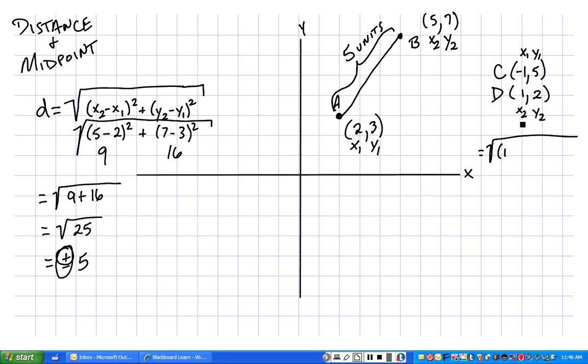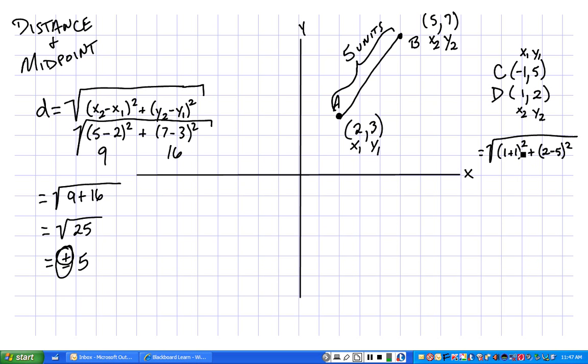X2 minus X1. Well, notice X1 is a negative number, so minus a negative becomes a plus, squared. Then you say Y2, which is 2, minus Y1, again squared.